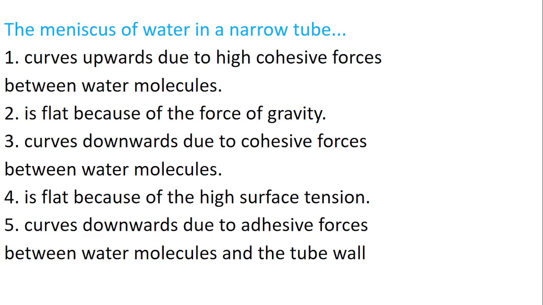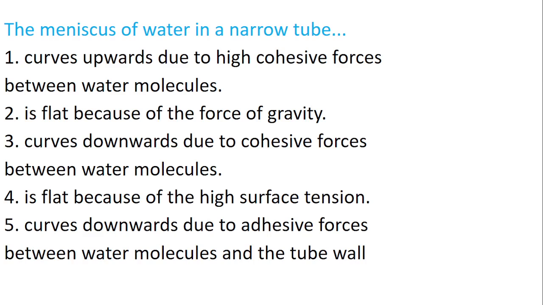We move on to the meniscus of water in a narrow tube. If you have a tube there, you need to expect the behavior in terms of the meniscus of water. For water, it curves downwards.